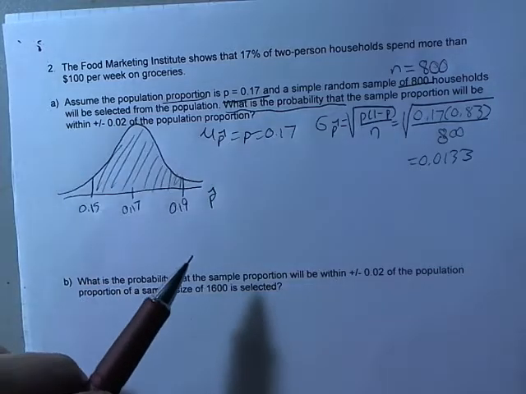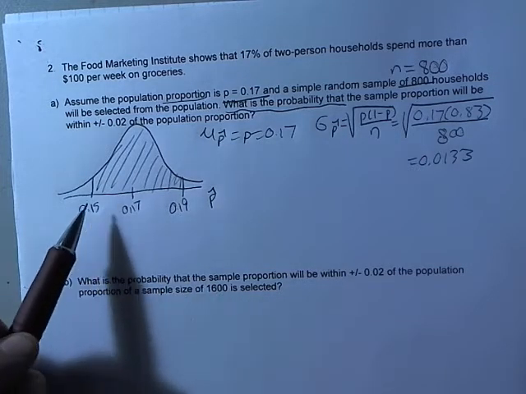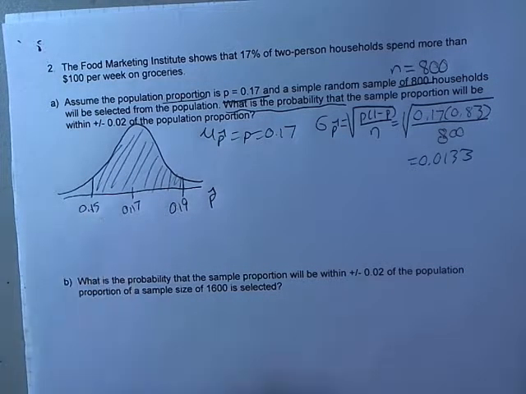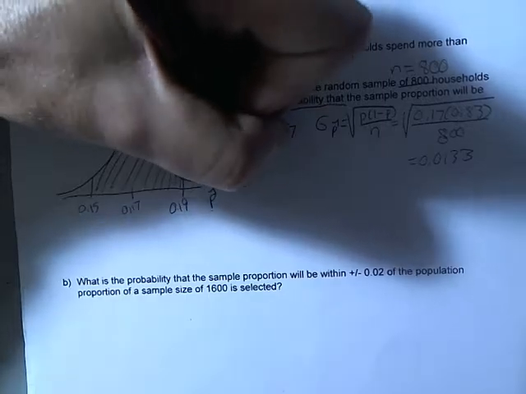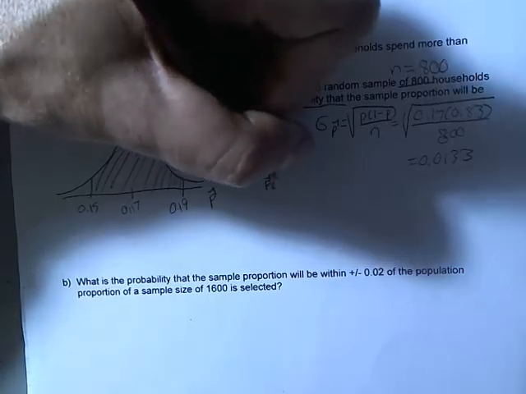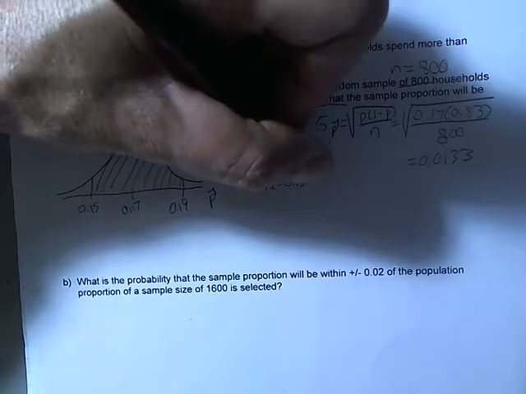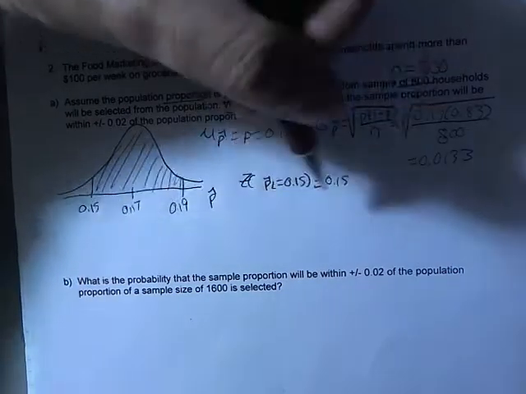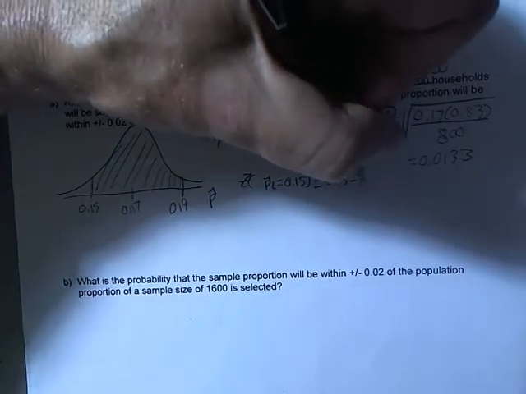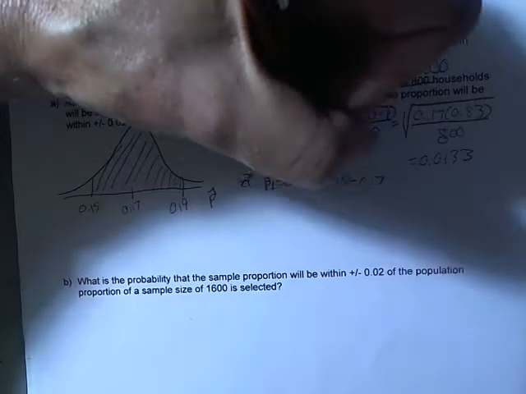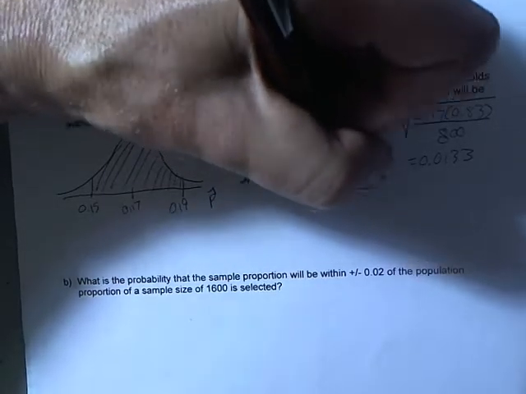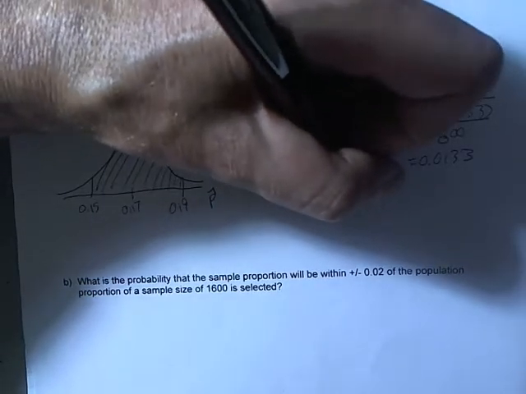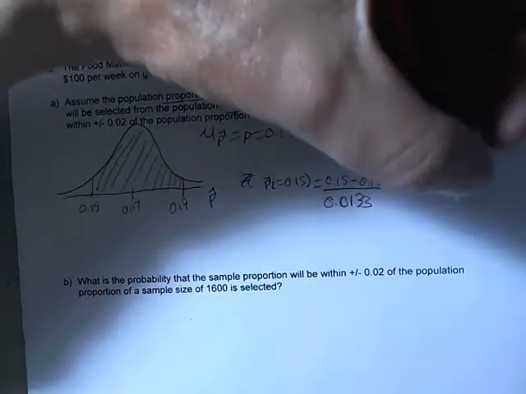And let's go ahead and convert our lower boundary over to a z-value. So the z-value of the lower boundary of 15% is equal to that p hat value minus the mu of p hat divided by the standard error value.